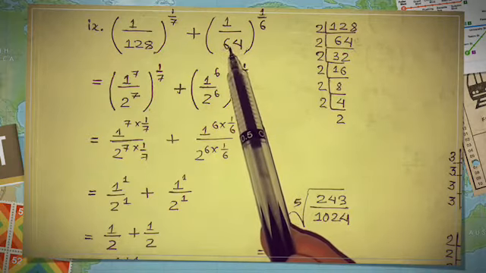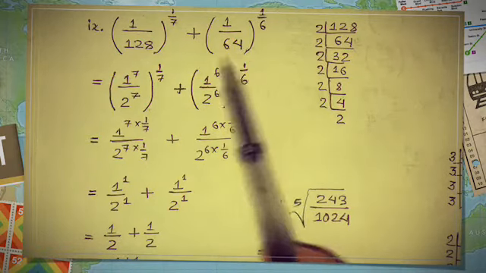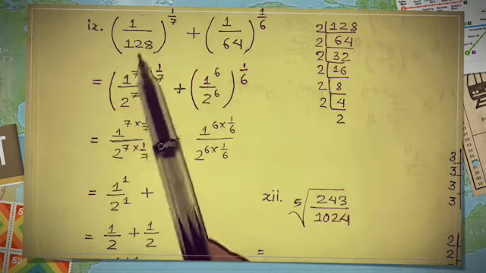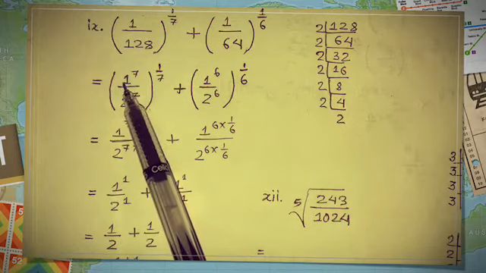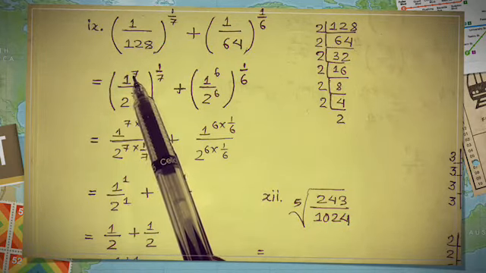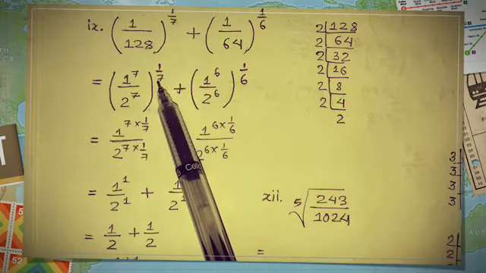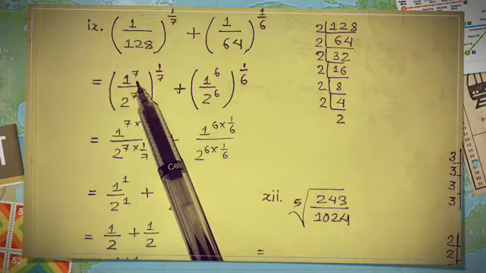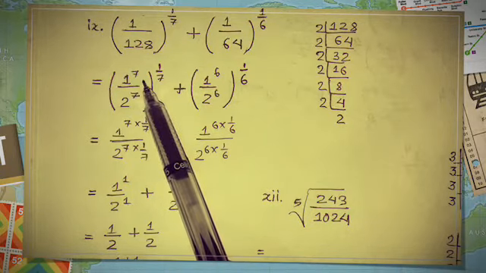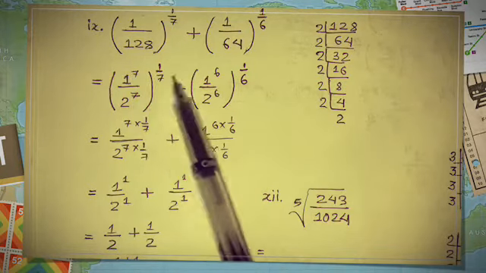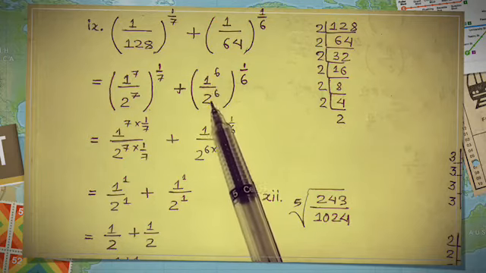If 2 is multiplied 6 times, then 64 is obtained. And look here, why we have used 1 to the power 7: because this 7 and this 1 by 7, numerator and denominator, after applying the law of raising a power to a power, are multiplied and cancelled.